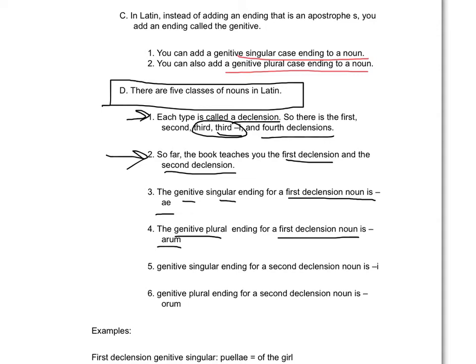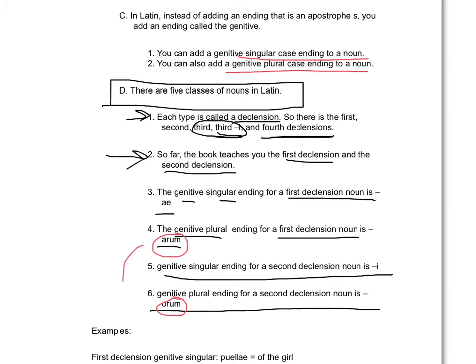That's the suffix that you would add to the end of a noun to express possession for a plural noun. The genitive singular ending for a second declension noun is I, and the genitive plural for a second declension is O-R-U-M. Note that there is some correspondence here. The plural for a second declension is O-R-U-M. The plural for a first declension is A-R-U-M.